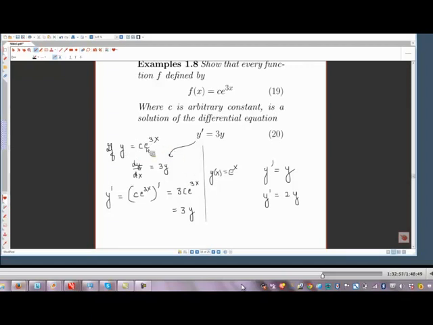If y is c e to the power 3x, y prime is c e to the power 3x prime, which is 3c e to the power 3x, and that is 3y. So y prime equals 3y is a differential equation whose solution is y equals c e to the power 3x.